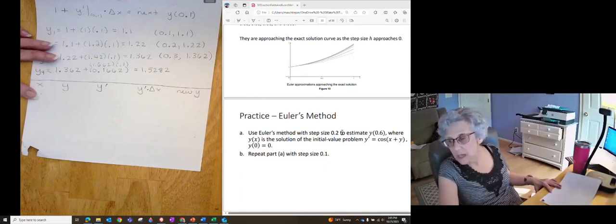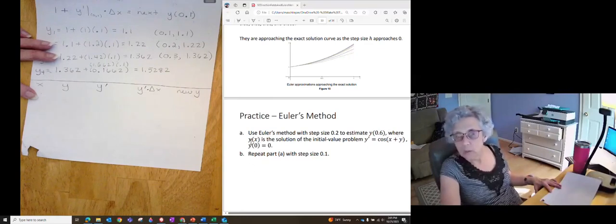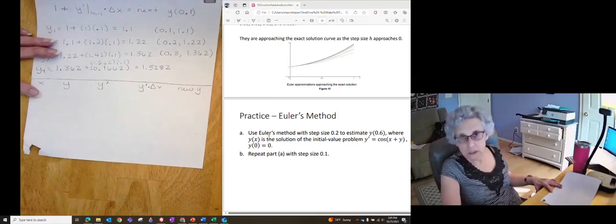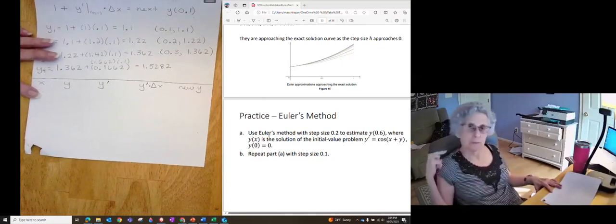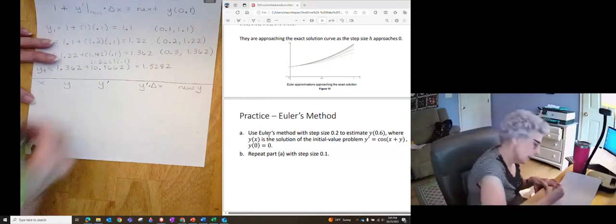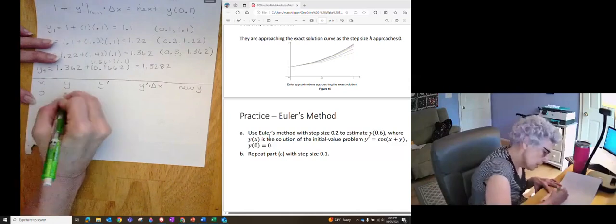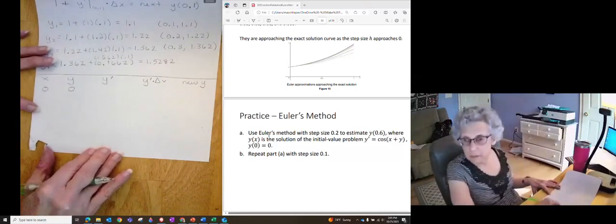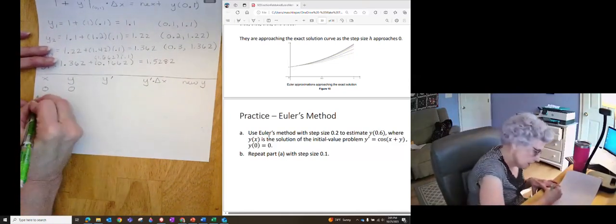And we want to use a step size of 0.2 to estimate y of 0.6, where y of x is the solution to this initial value problem, and y of 0 is equal to 0. So this would be a reasonable test question to expect you to do by hand, because you're starting at 0, 0.